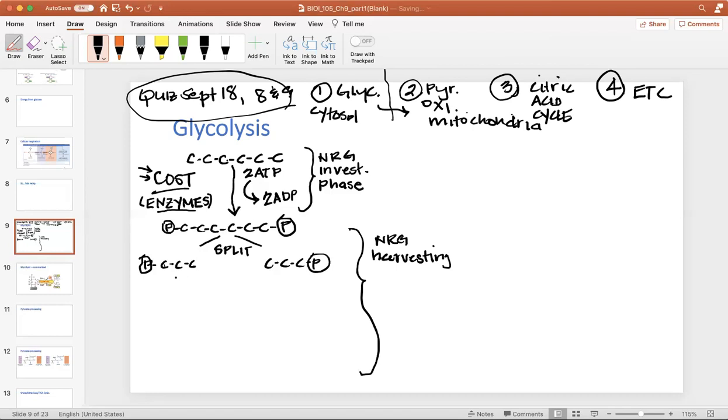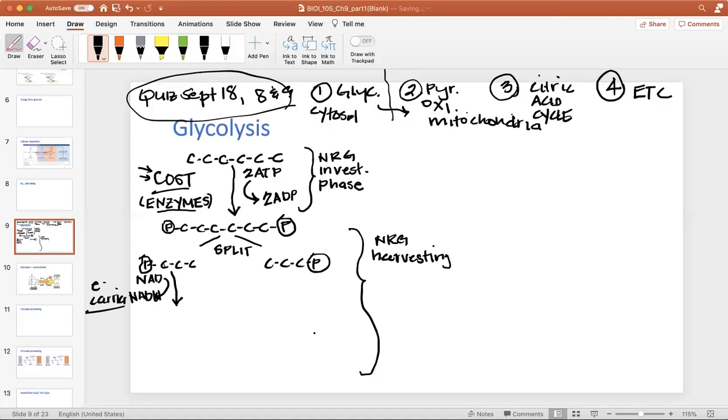The first thing that's going to happen is we are going to take one of those molecules that I mentioned in our previous lecture, NAD, and we're going to add a hydrogen and take it to NADH. Okay, this is one of our electron carriers that I've mentioned previously that is a byproduct of this process, okay?